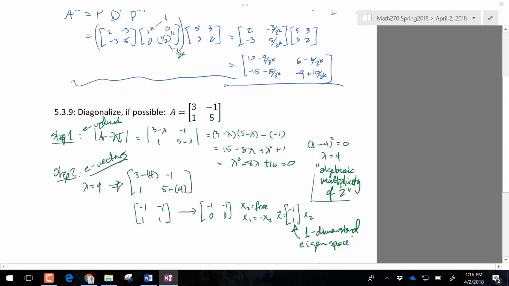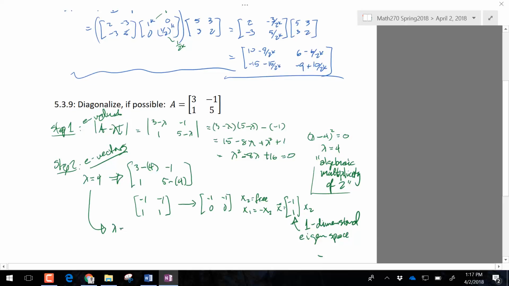We only have a one-dimensional eigenspace. This is sometimes called the geometric multiplicity, to describe the dimension of the eigenspace. So lambda equal to 4 has geometric multiplicity of 1.